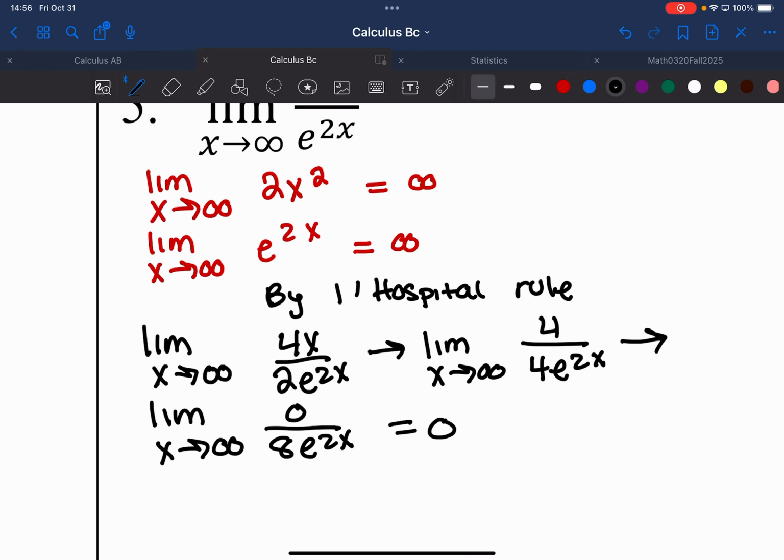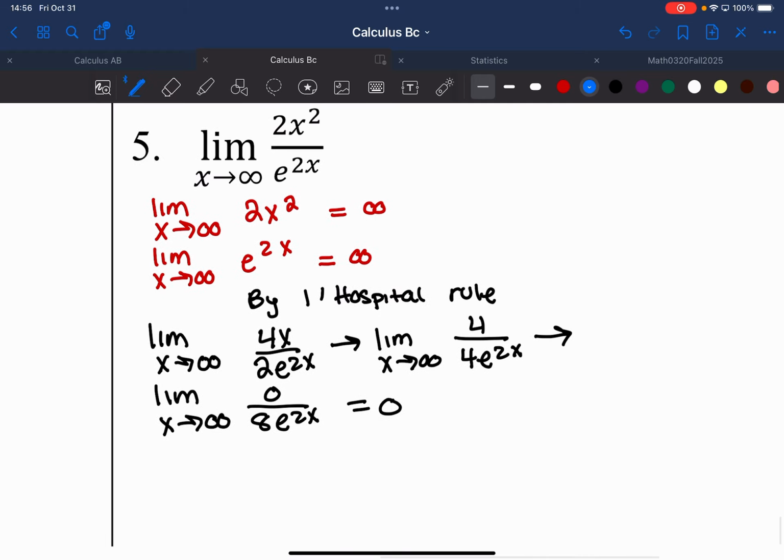Okay. Or we could approach this a different way. If we were to, let's say, not use L'Hopital's rule at all, and we were to look at the very beginning where we plugged in infinity, would you agree that this fraction would be bottom heavy? And why would it be bottom heavy? Because the variable is in the power.